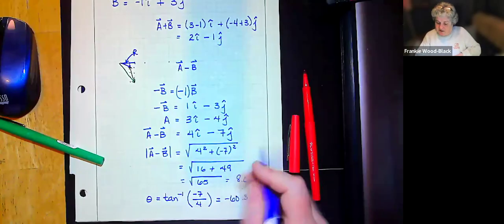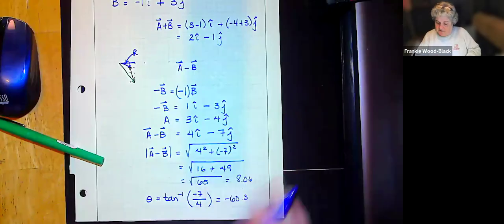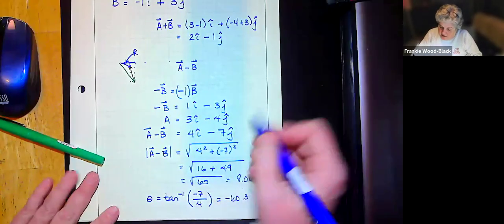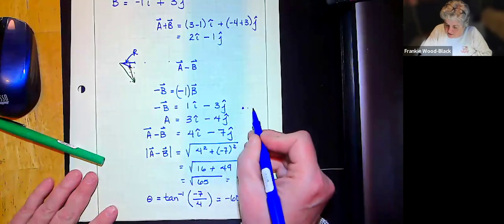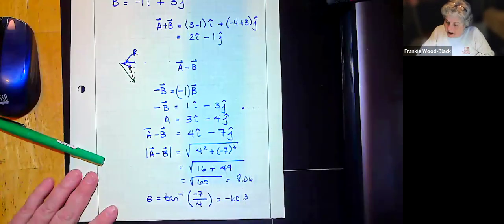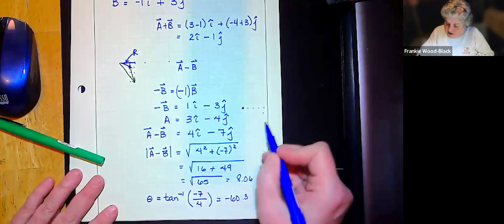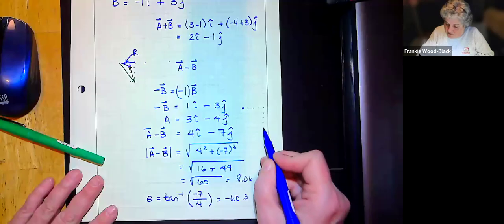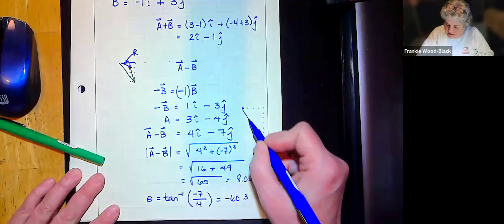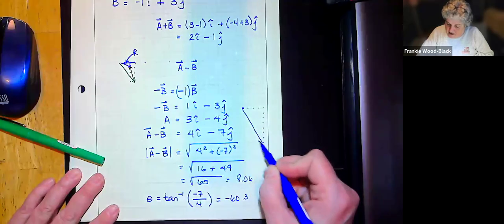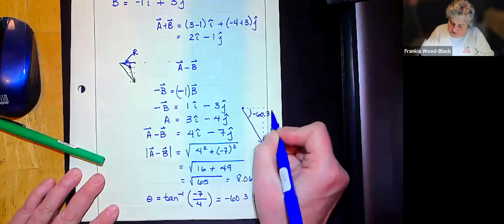But if I'm drawing this vector, you can verify your angle, right? For this one, I'm going to be over 4, which we're going to start from here. 1, 2, 3, 1, 2, 3, 4, and we're down 7. 1, 2, 3, 4, 5, 6, 7. This is our negative 60.3 degrees.